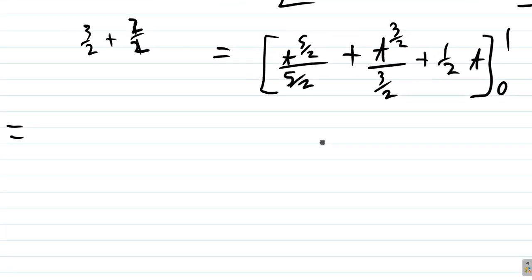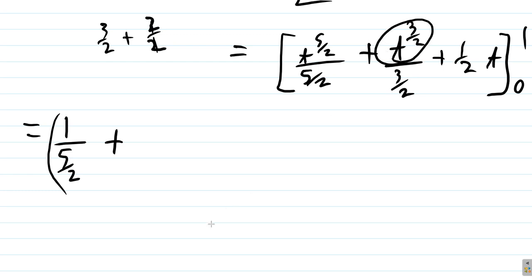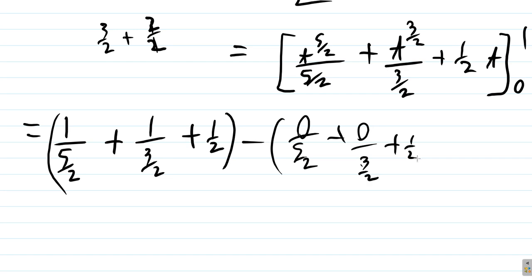Okay, so when you substitute the upper boundary 1, this will be 1 to the power of 5 over 2, which is just 1, divided by 5 over 2, plus 1 to the 3 over 2, which is just 1, divided by 3 over 2, plus half by 1 is just half, minus, and of course, we're going to have 0 to the 5 over 2, which is 0, 0 to the 3 over 2, which is 0 over 3 over 2, plus half by 0.